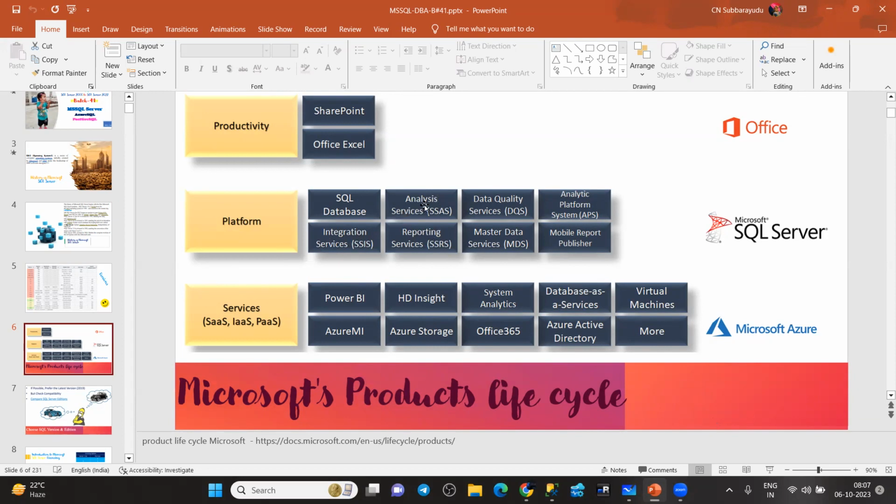These three services fall under MSBI technology, like how we are DBAs and developers, BI tools are business intelligence tools. Reporting services, analysis services, and integration services will be handled majorly by the BI team, the business intelligence team. But even though they are handling the major part, as a DBA, we must know about these three services.